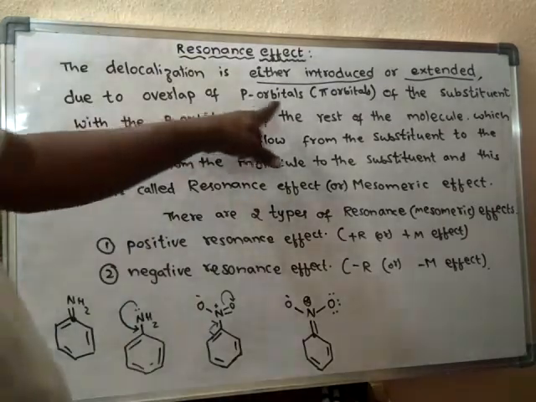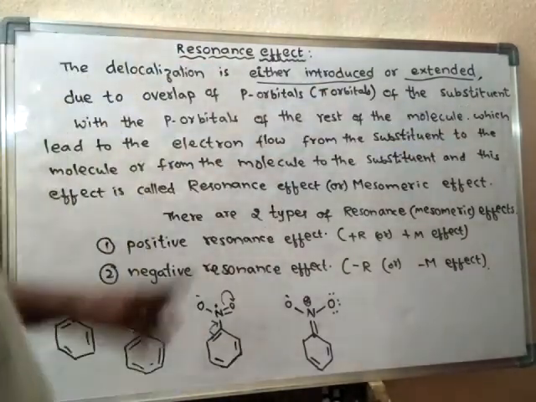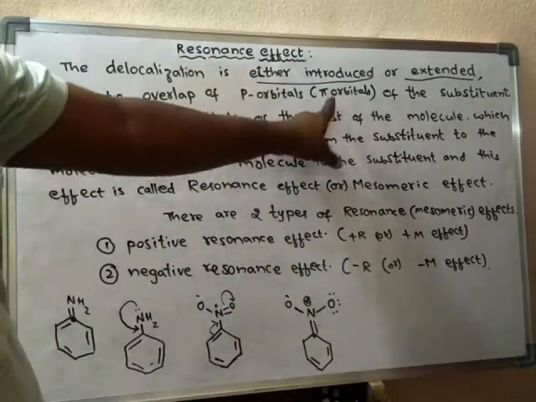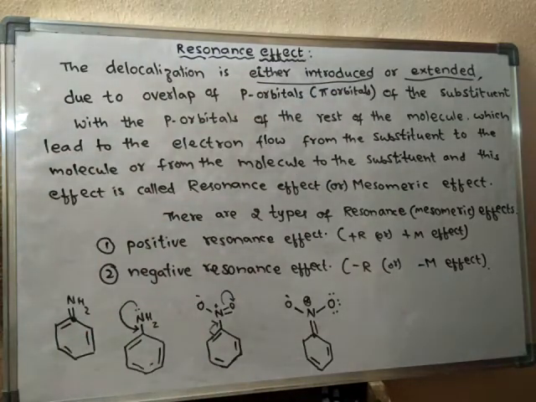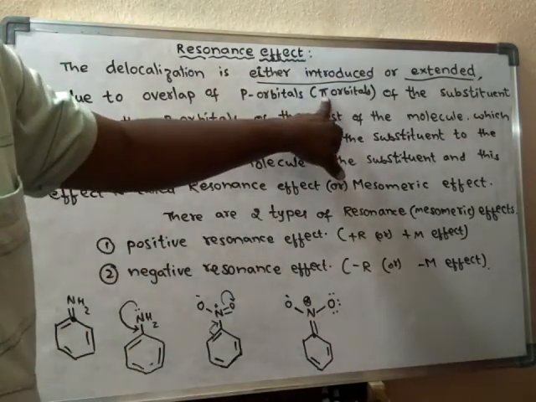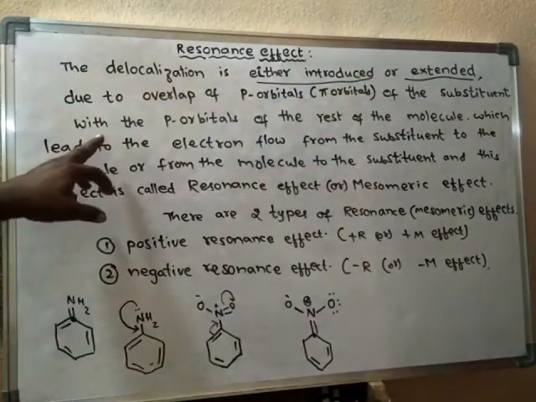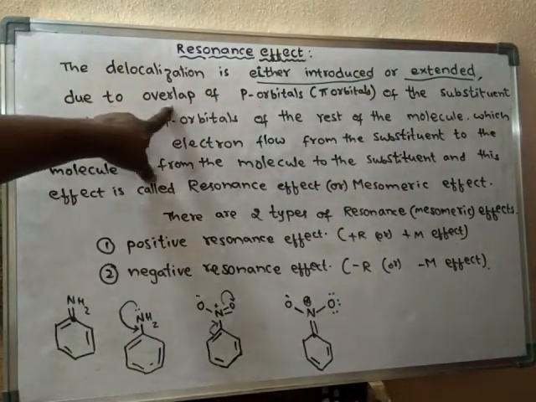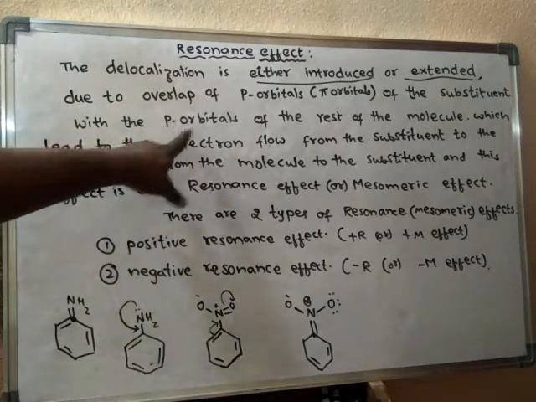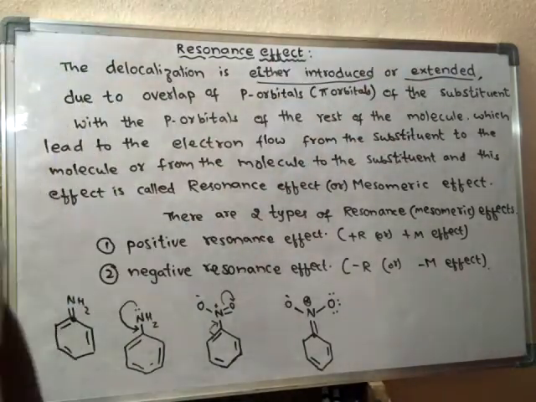Due to the overlap of p orbitals of the substituent, p orbitals or pi orbitals. If you speak about molecular orbitals, then we say pi orbitals. So the p orbitals of the substituents will overlap with the p orbitals of the rest of the molecule.